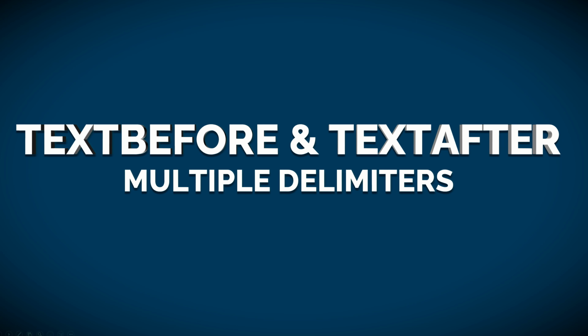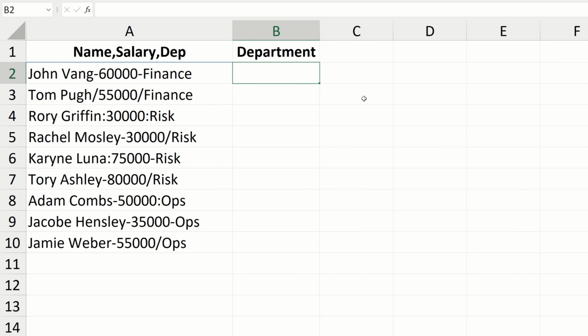Now let's look at multiple delimiters. This is an example that we've seen previously, except we can see that the delimiters across the dataset aren't consistent. Sometimes we have a hyphen sign, sometimes we have a slash, and other times we have colons.